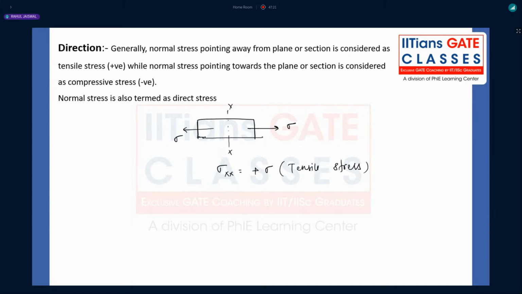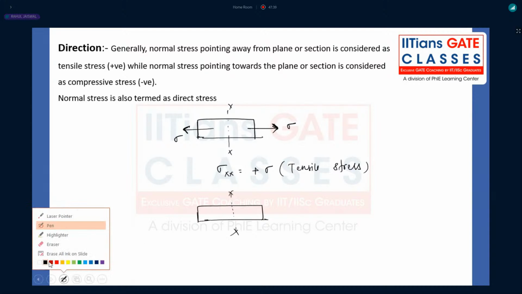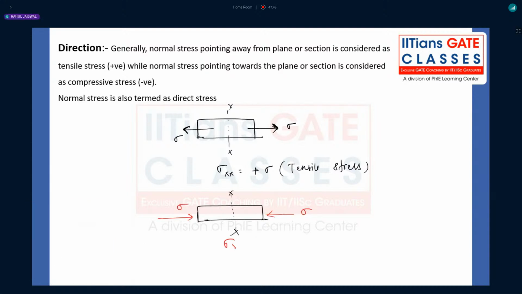When you see from the left side or right side, whatever the stress is, when it is going away from the cross section, we say it is a tensile stress. That is positive. But when the stress is acting towards the cross section, then we say it is minus sigma.